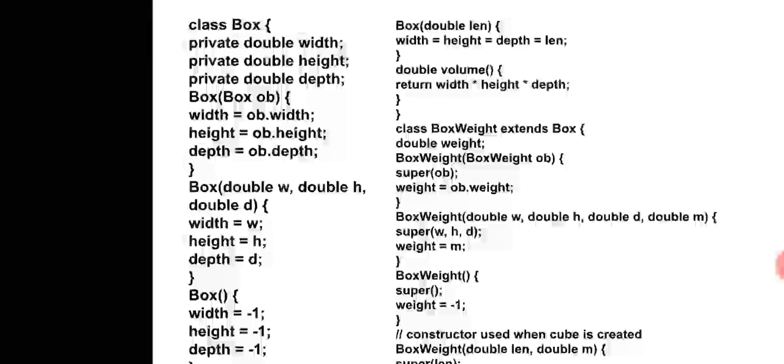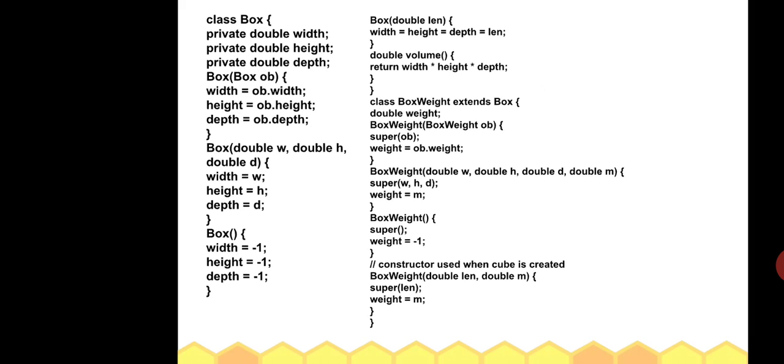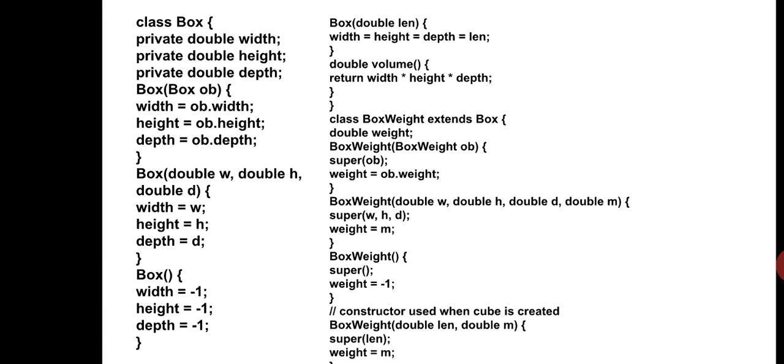Now you have one more constructor which takes three parameters w, h and d. The same w, h and d will be assigned to width, height and depth. You have one more default constructor which will assign -1 to height, width and depth. On the right hand side you have one more constructor. How many constructors do you have in this program?